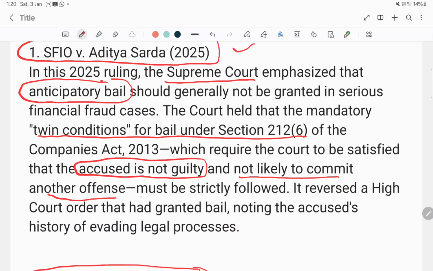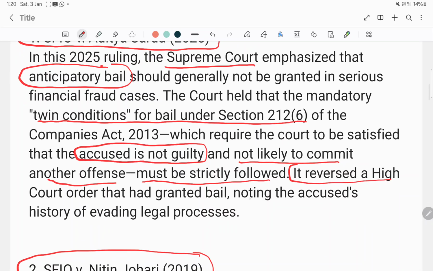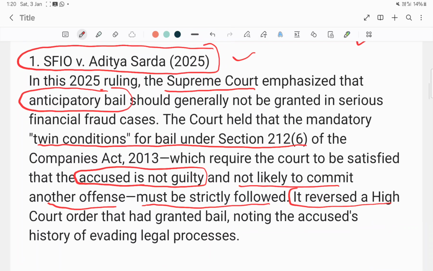This requirement has to be strictly followed. In this case, the Delhi High Court had granted bail, and the Supreme Court set aside that bail order. The accused's history of evading legal processes was considered by the Supreme Court, and the anticipatory bail of Aditya Sarda, which was given by the High Court, was rejected.